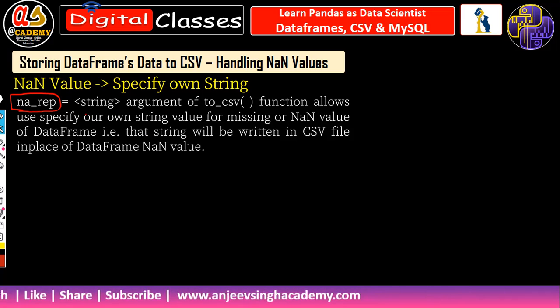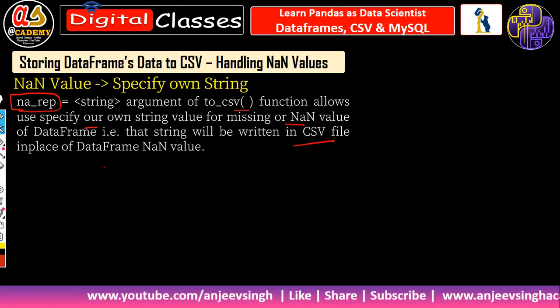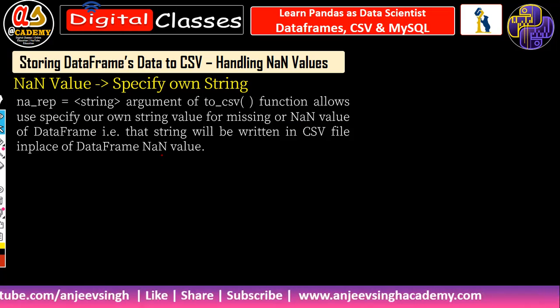This argument is used with the to_csv function, which allows us to specify our own string value for missing or NaN values of the data frame. That is, the string will be written in the CSV file in place of the data frame's NaN. Okay, so we will use this concept.